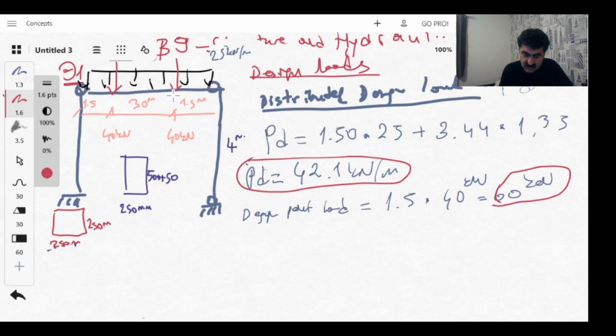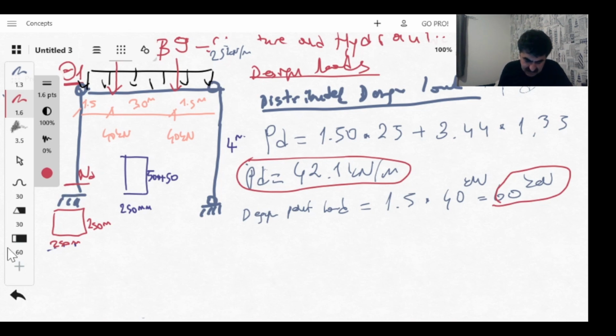For this I need to calculate the support forces of the beam. These support forces will be like axial load to the column, transferred to the column, and then I will add the column weight, and then I will find the design axial load for the column at the bottom of the column.